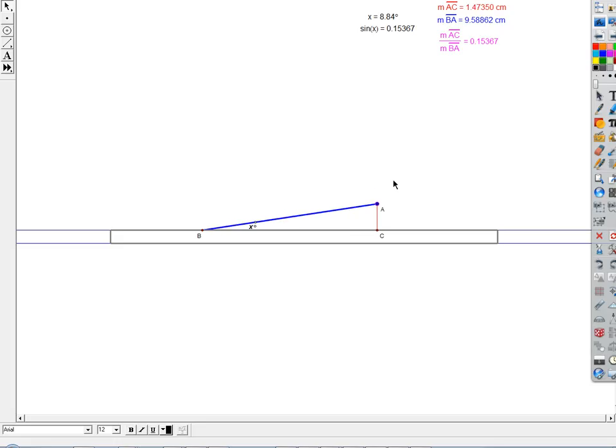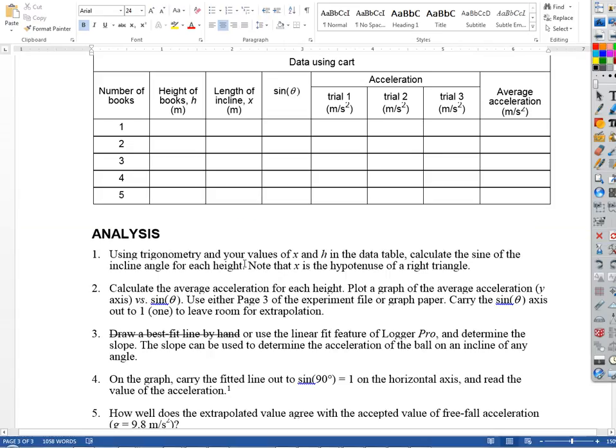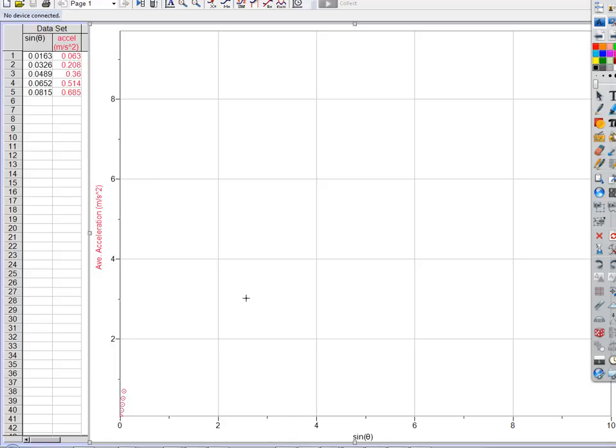Okay, so what we really want to do then is we've got this data table that you're building, right? You've measured on your lab, you've got these measurements, and I've got some sample ones here. Here's some examples of values of sine theta that are reasonable, realistic, probably very similar to yours.